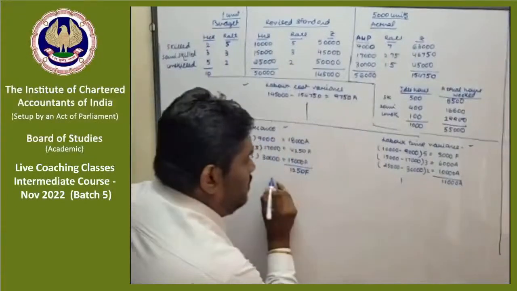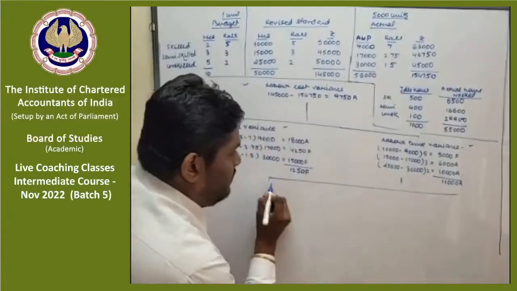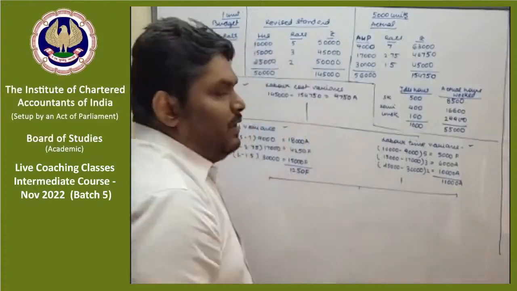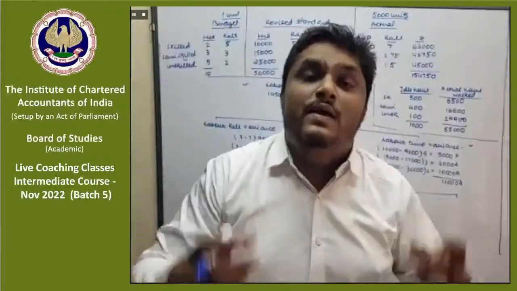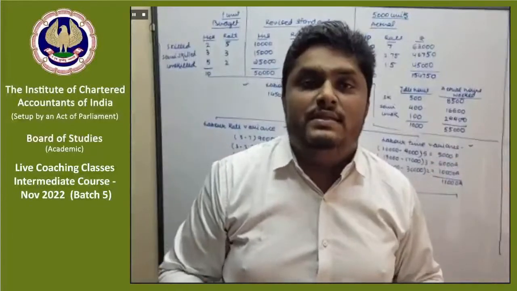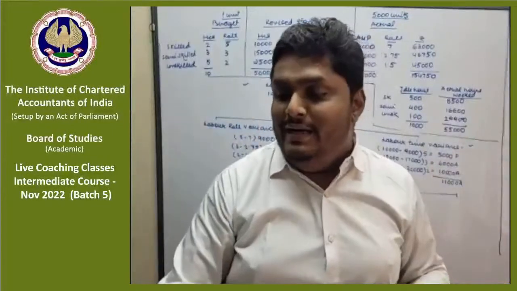Now, instead of two variances, that is labor mix and yield, we'll be calculating three variances. The first one is the labor idle time variance.